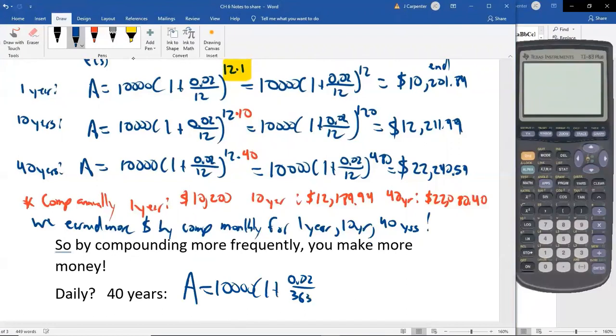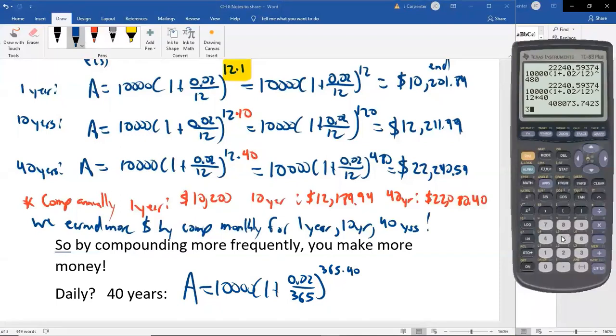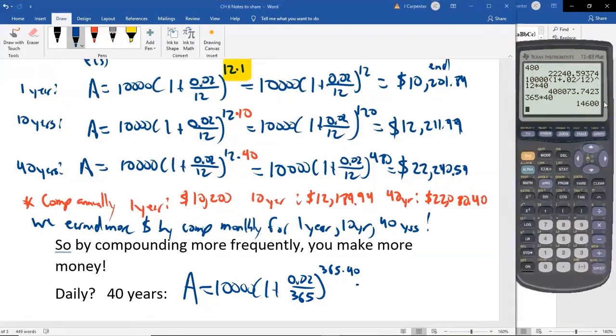We're going daily. There's 365. I was saying 3 when I was supposed to be writing 5. That threw me off. There's 365 days in a year. So the exponent would be nt, 365 times 40, which, even me, I'm going to have to do this just to save some time. So our exponent is 14,600.